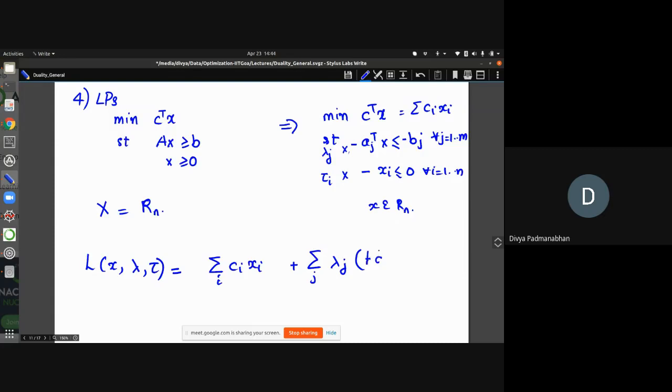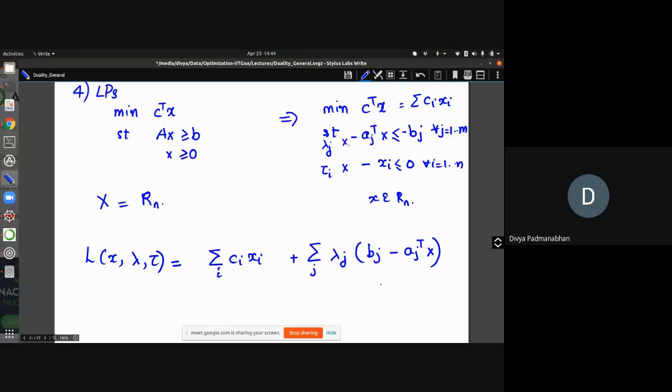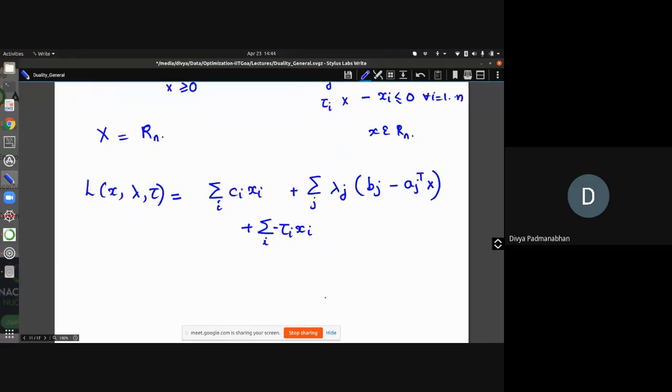So you'll get b_j minus A_j transpose x, and A_j is a vector, of course, and then you have plus tau_i times, so minus tau_i x_i. Okay, so this is the Lagrangian, and I'm going to minimize this.